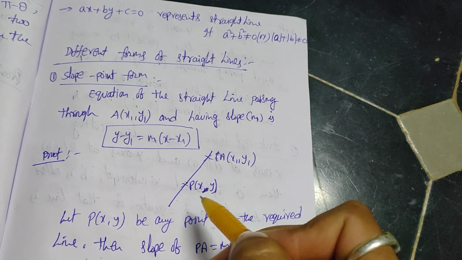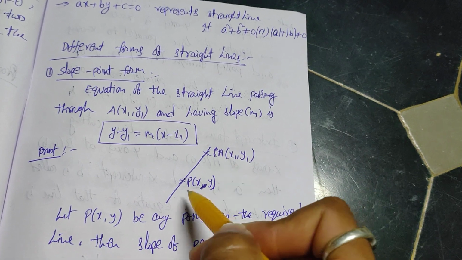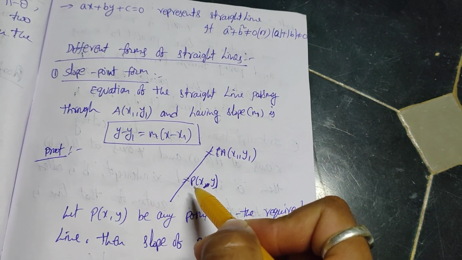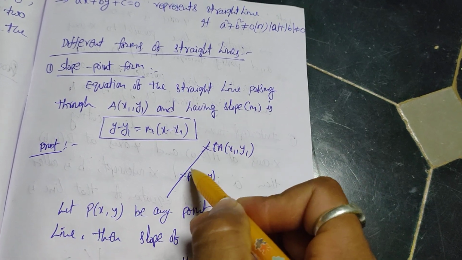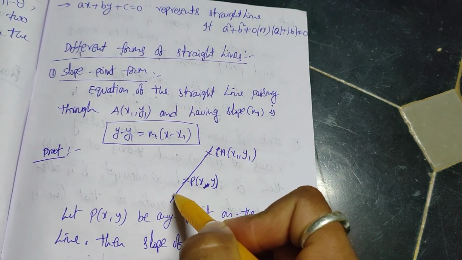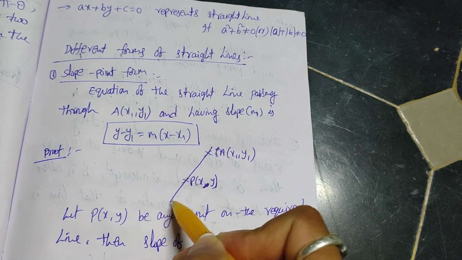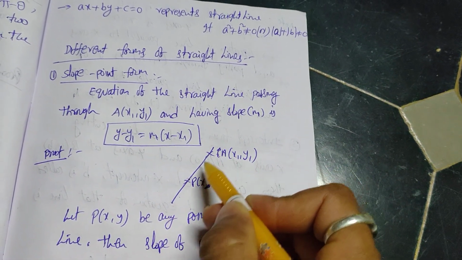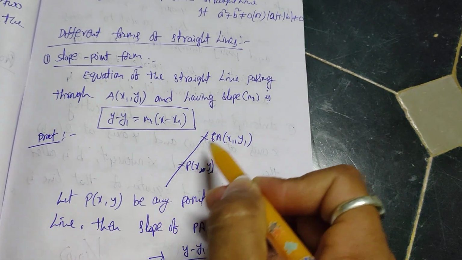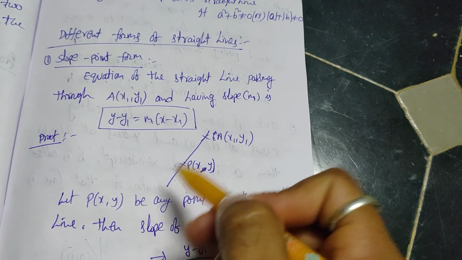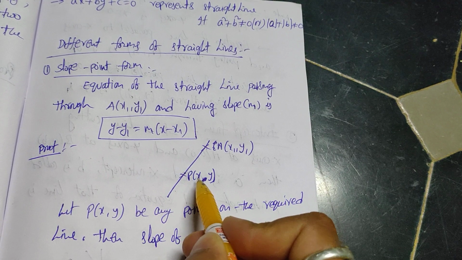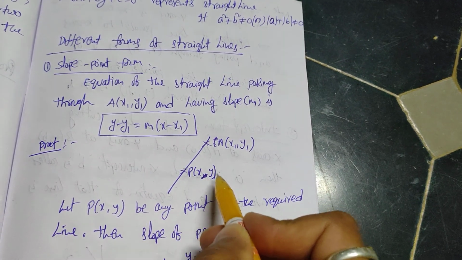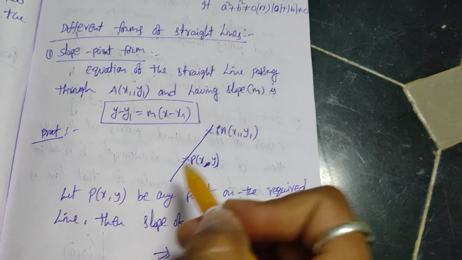Now we are going to find the locus of this point P. On this line we can take infinitely many points, and the collection of those points is nothing but a straight line. So the locus of this point is nothing but our required line.